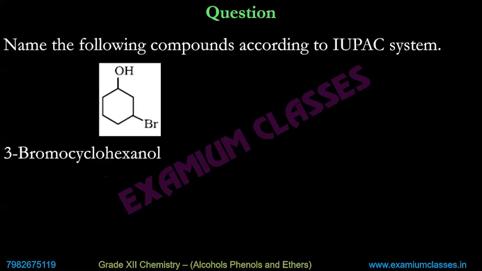You don't need to mention one because that will anyway be the first position. Otherwise, bromo cannot be on the third position. If you mention it, that is absolutely fine, not a problem, but not necessary. The cyclo keyword was missing in many answers.